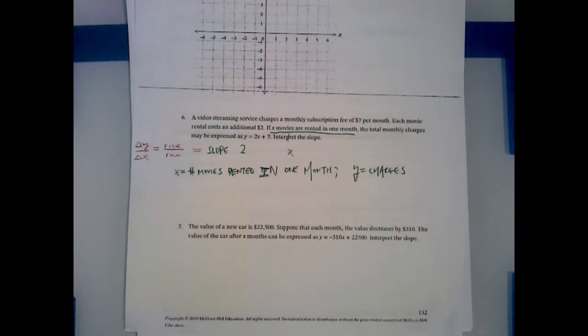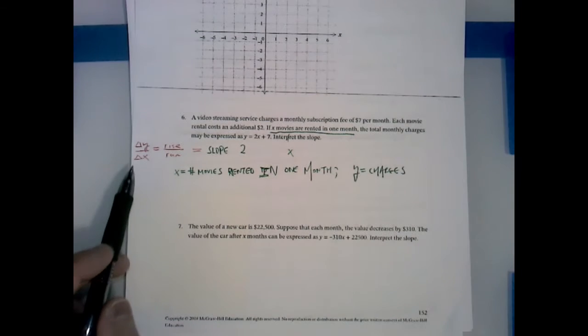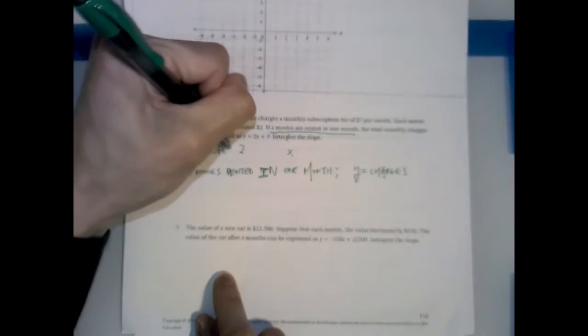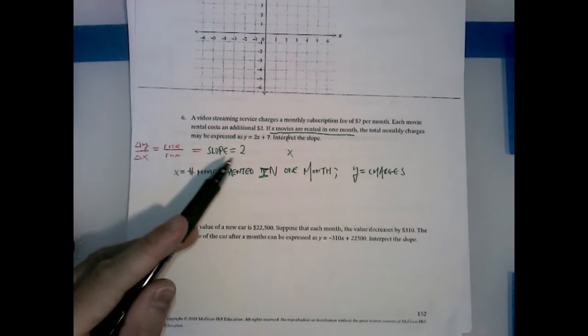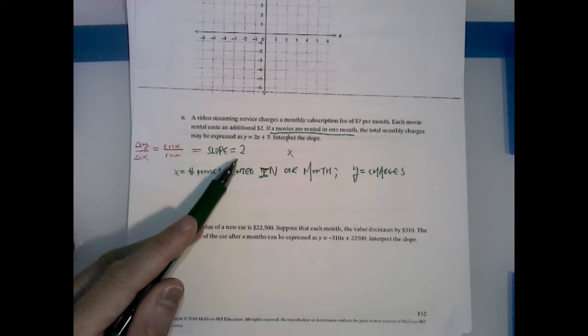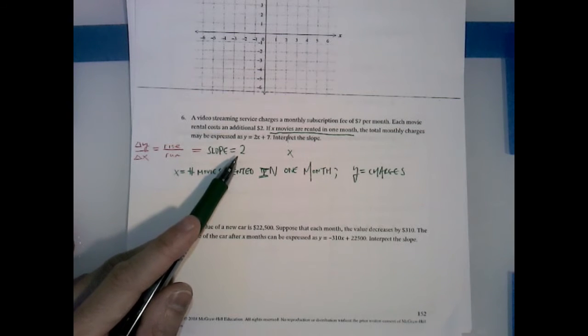How does that change relate to each other? It's by the slope. So here's one way to think about this. The slope here is the amount that you have to pay for an additional rented movie.